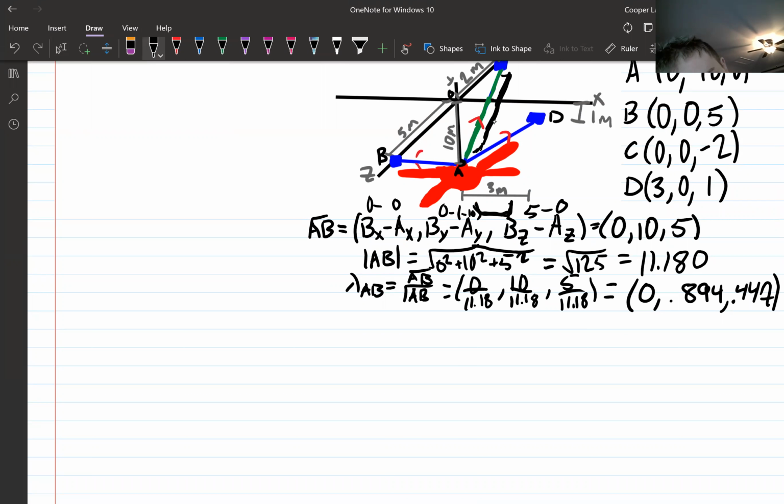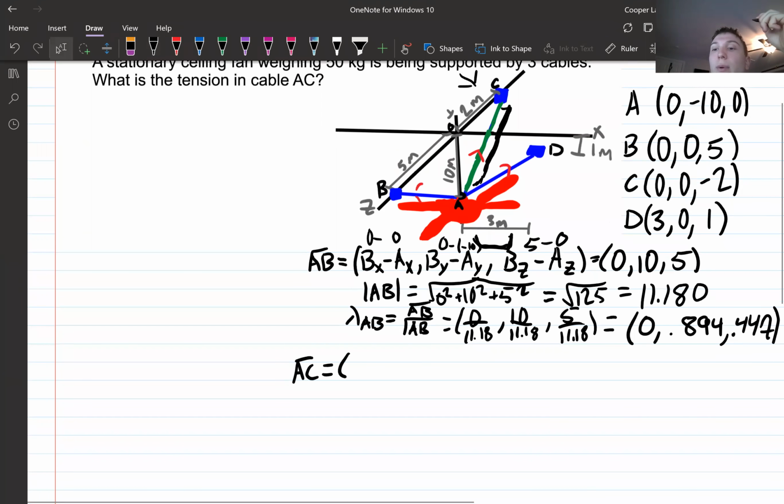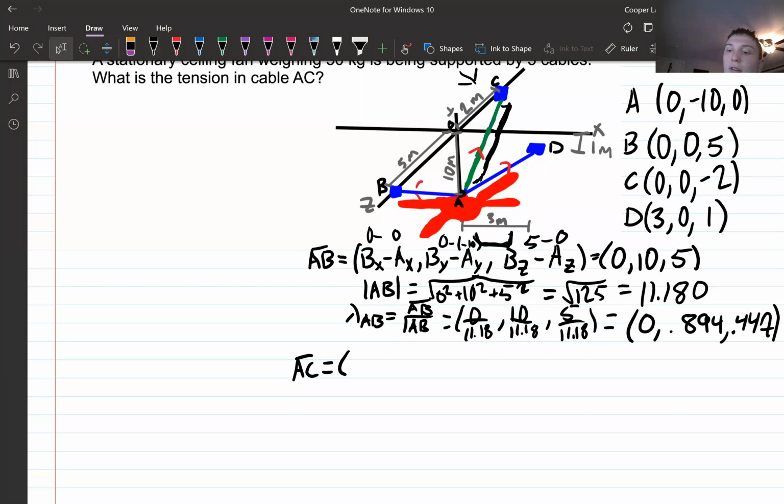Here we're going to start off with AC, which equals all the C points minus the A points. When I do that, I get 0 minus 0, so that's 0, comma, then 0 minus negative 10, which gives me 10. Then I do negative 2 minus 0, which gets me negative 2.